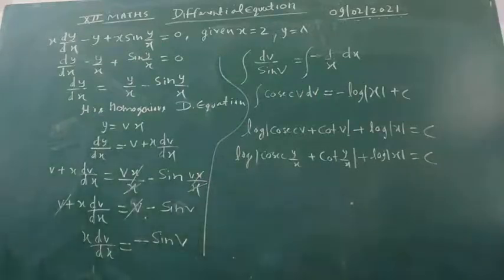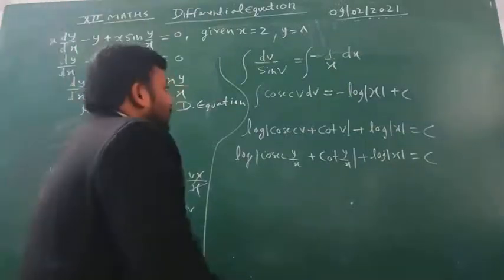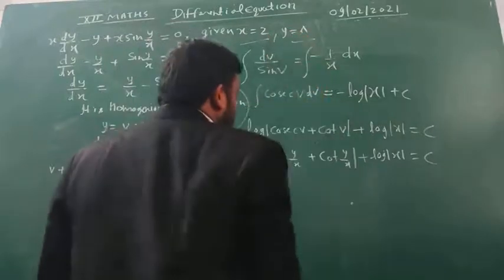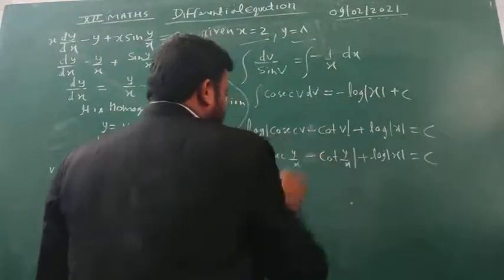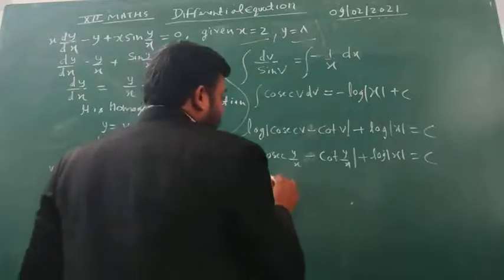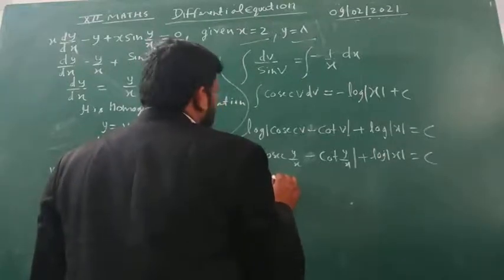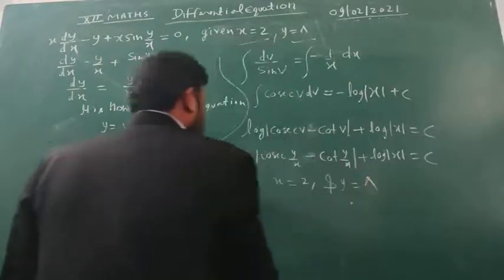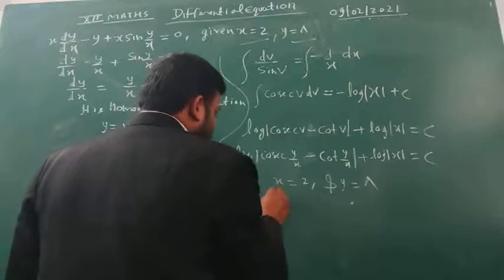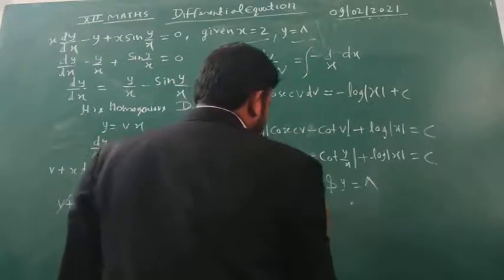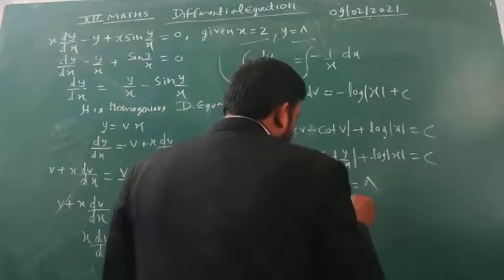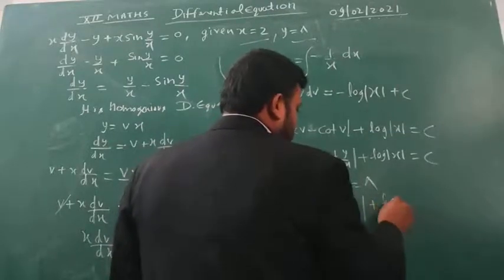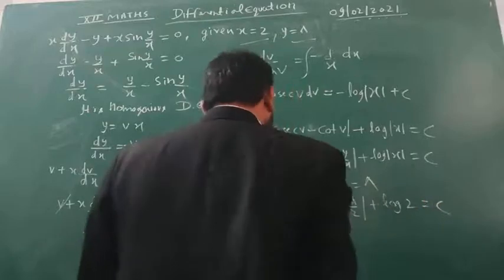Okay students, now in the next step we put the values of x and y. We put x is 2 and y is pi, so we write log of cosec pi by 2 minus cot pi by 2 plus log 2 is equal to c.